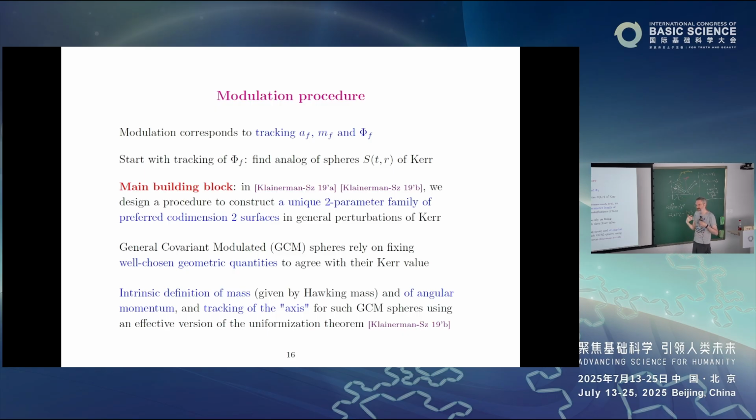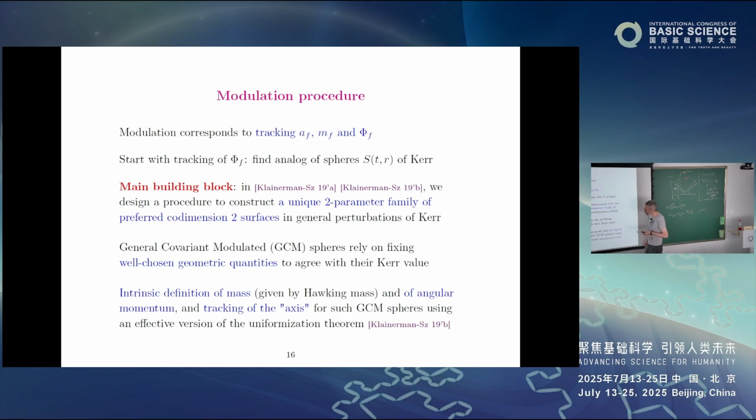The nice thing is that it's important to start with the spheres. Once you have them, you're left with finding an invariant definition of mass and angular momentum on such special GCM spheres. For the mass, it's quite easy because there is a very good notion of mass in the literature called the Hawking mass, which does the job for us.